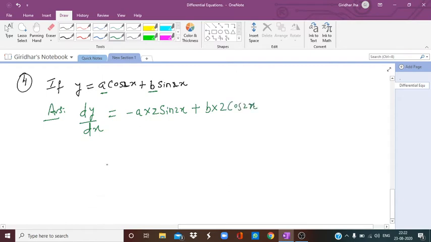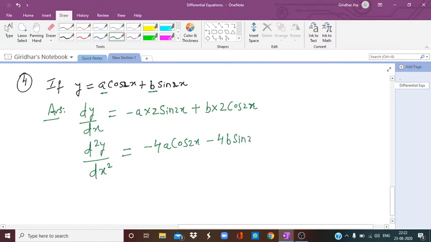Correct? This is the first derivative. It is compulsory that we differentiate twice since there are two arbitrary constants a and b. So again we differentiate, d2y by dx squared. When you differentiate again, it is going to be minus 4a cos 2x and minus 4b sine 2x.